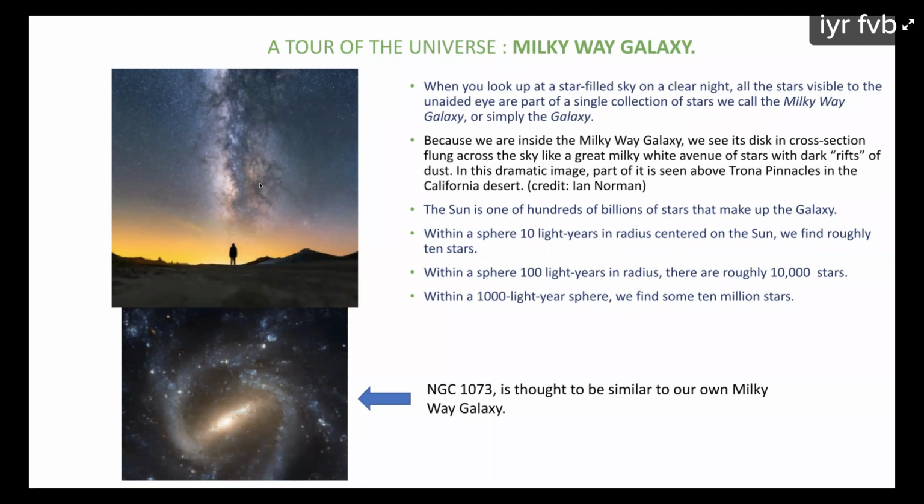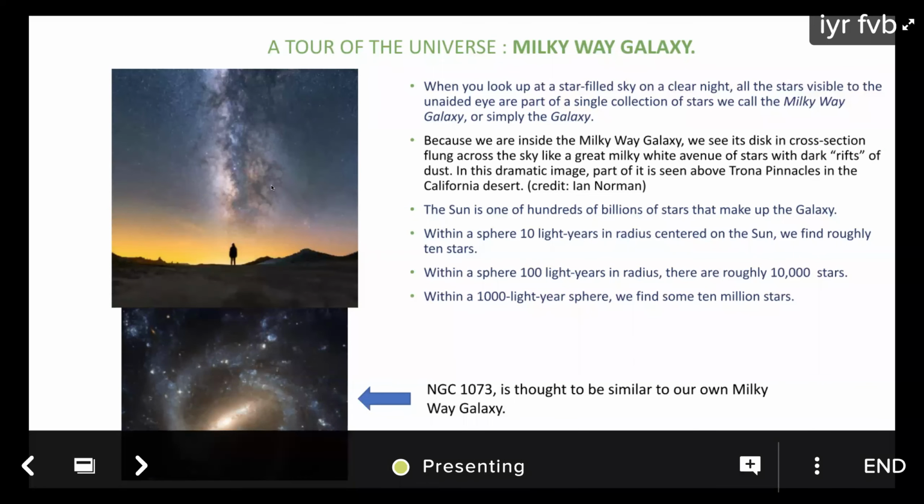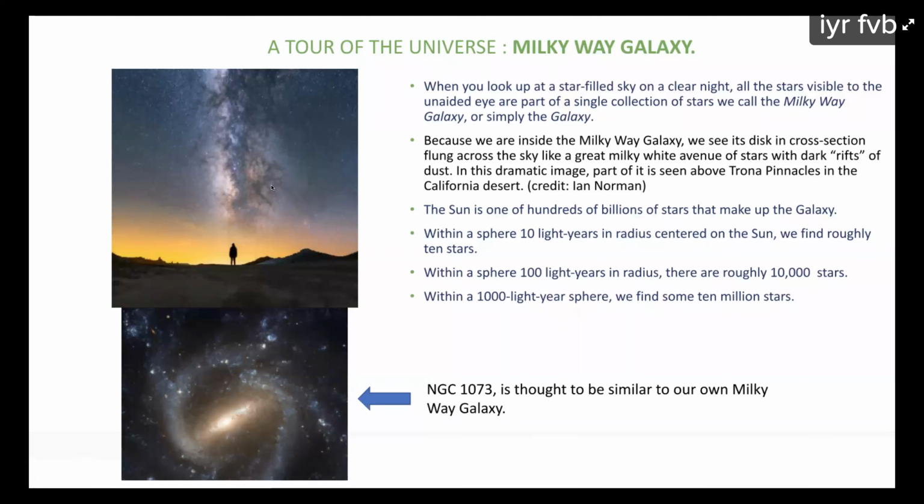Remember the initial question: we have only one star in our solar system, that is the sun. But if you take the complete Milky Way, we have billions of stars inside that, which look like our own sun.